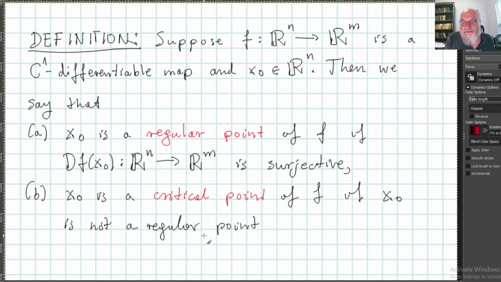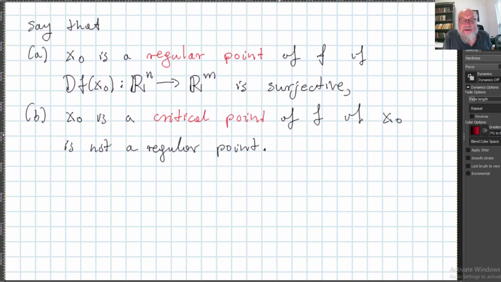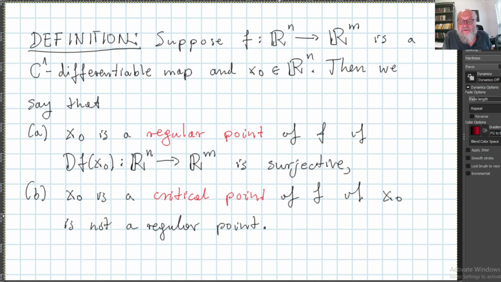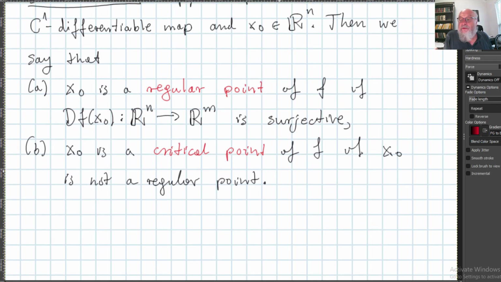Which means the derivative is not surjective. Of course, okay, so this is our first statement, and maybe let us also notice a couple of other things.